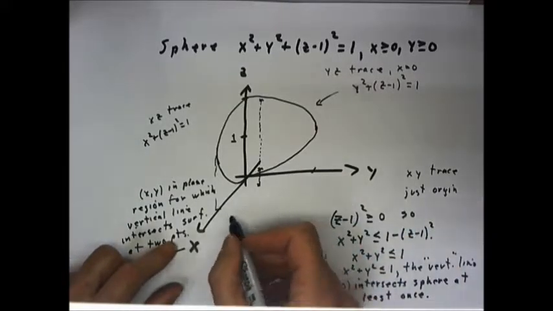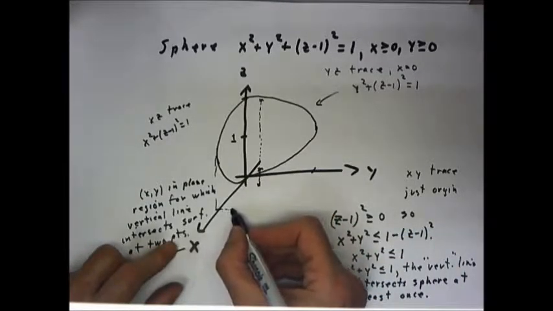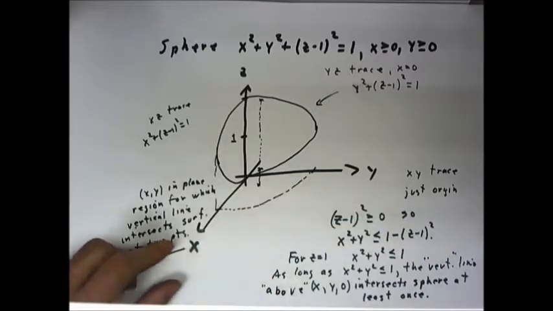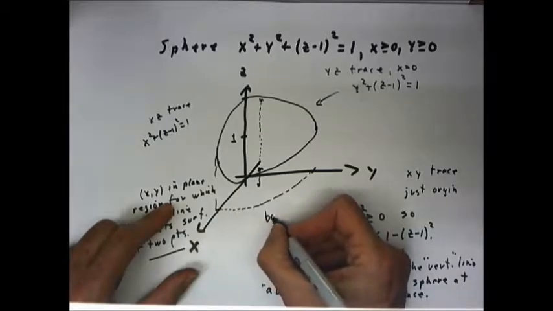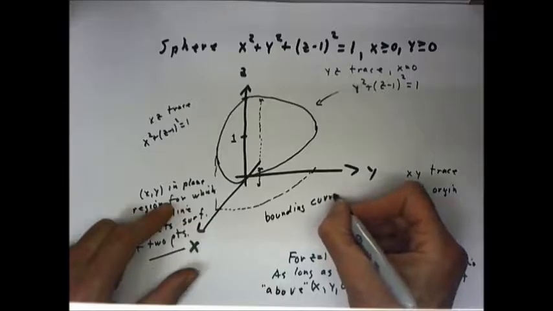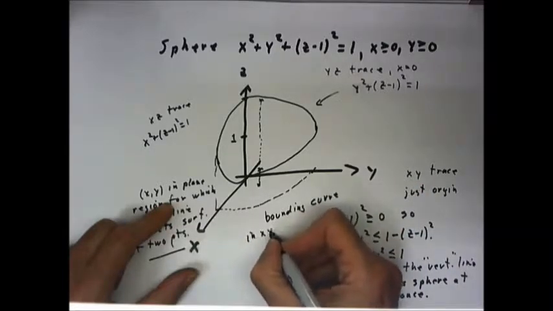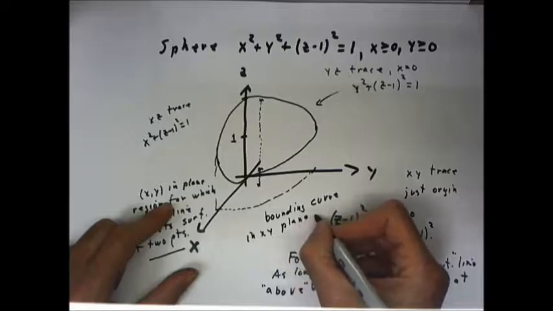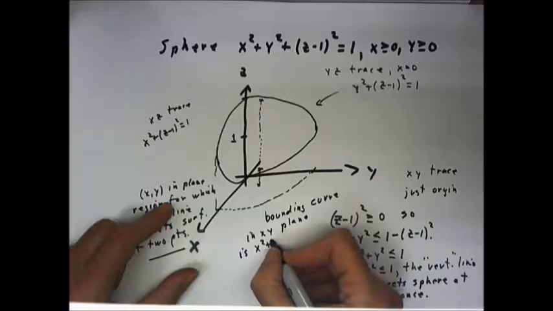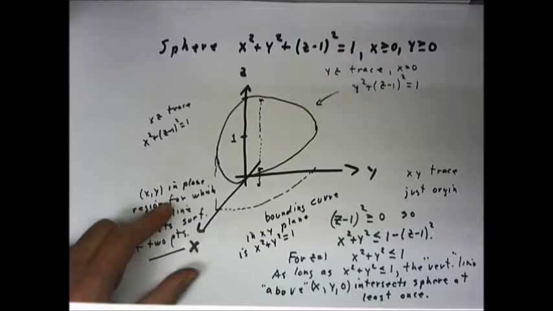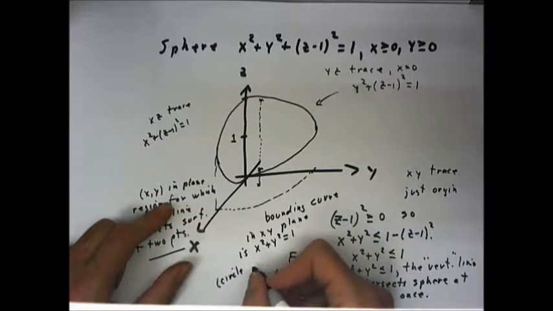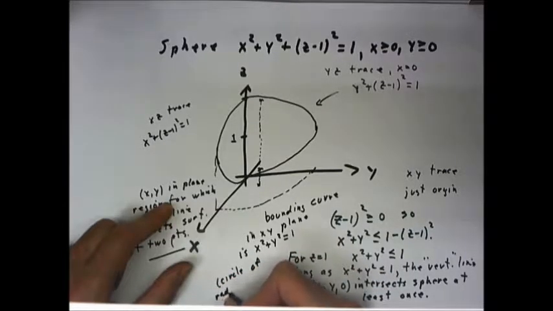Okay, so our region in the first octant is bounded by x squared plus y squared equals 1, circle of radius 1.